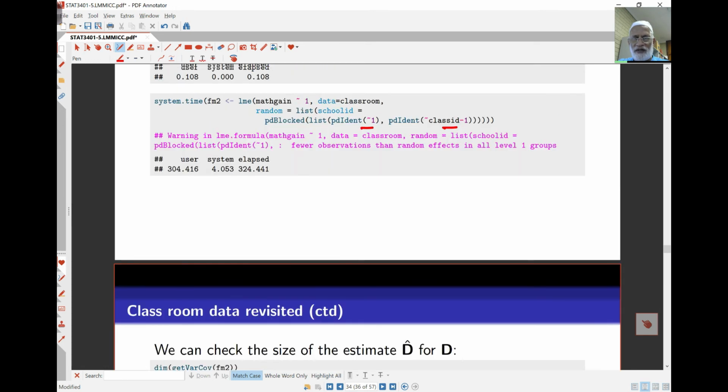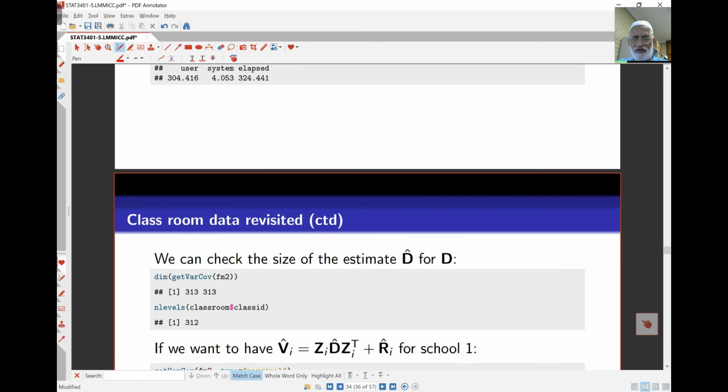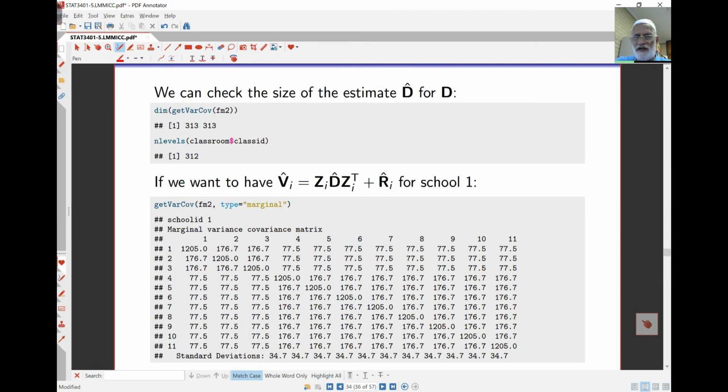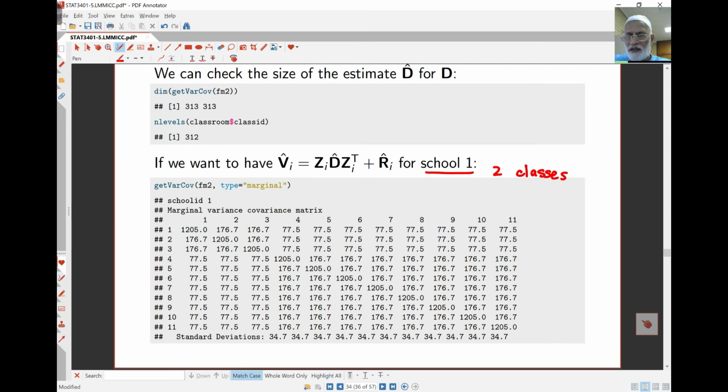Now, when we look at the actual structure of the matrix, we'll see what we get over here. The first one is for school 1. You'll find school 1 has 2 classes. One class has 3 children, and that's this block over here.